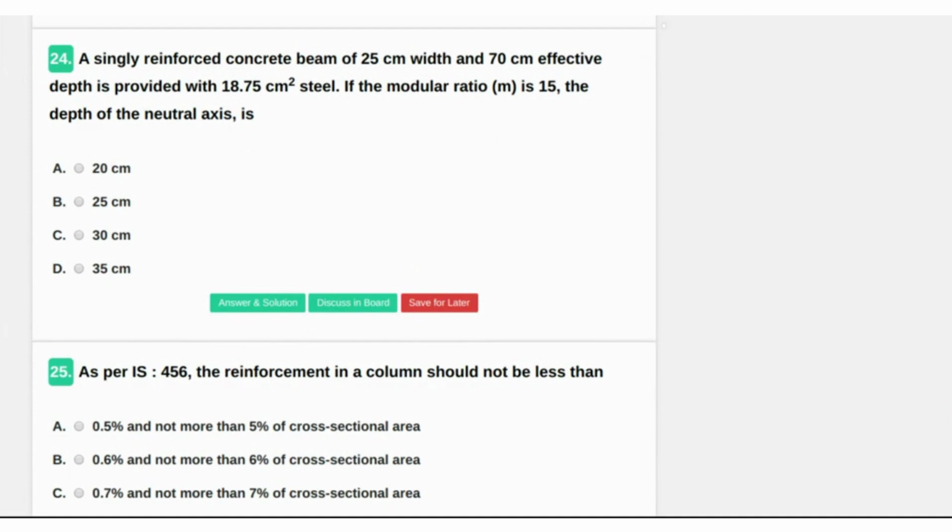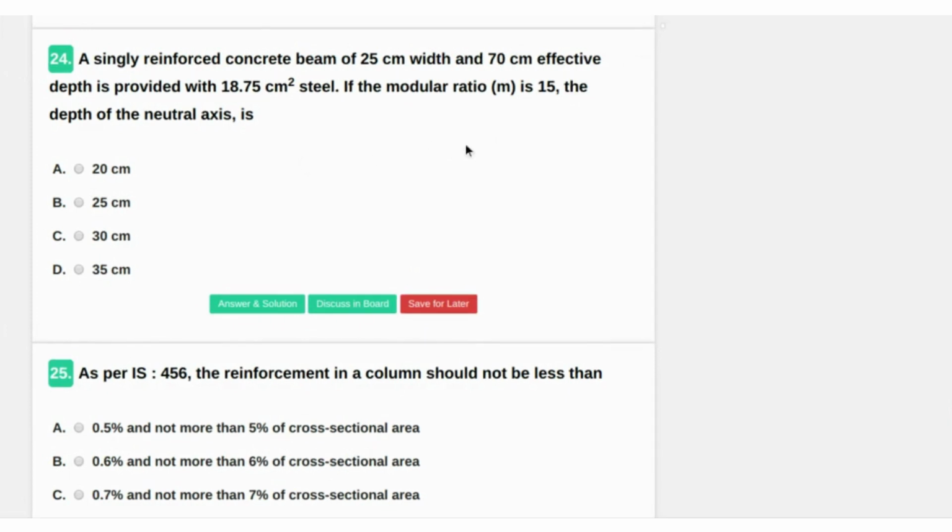If modular ratio m is 15, the depth of neutral axis is calculated by xu equals 0.87 fy Ast divided by 0.36 fck b, where modular ratio m equals 280 by 3 sigma cbc, and here fy equals 415 and M25 concrete is used.